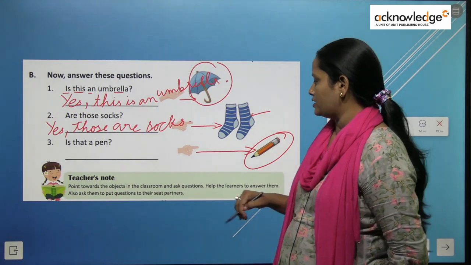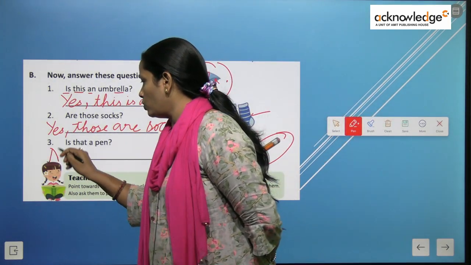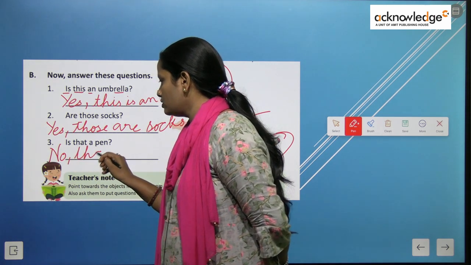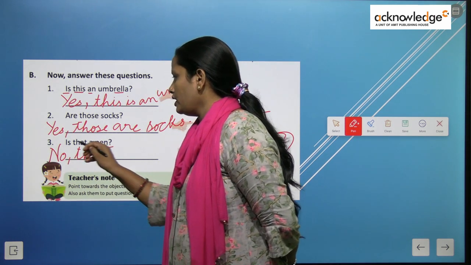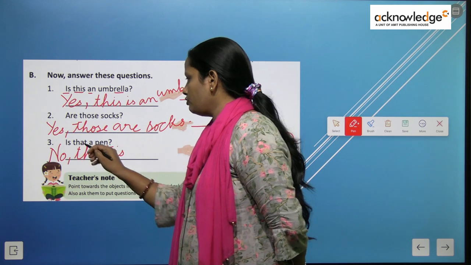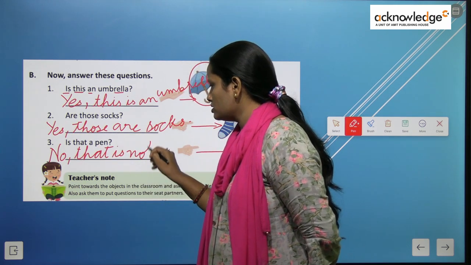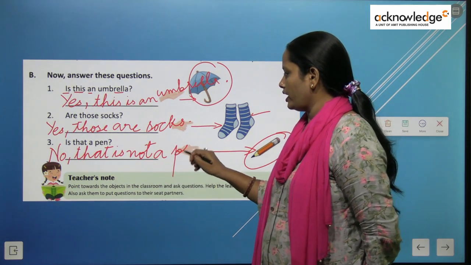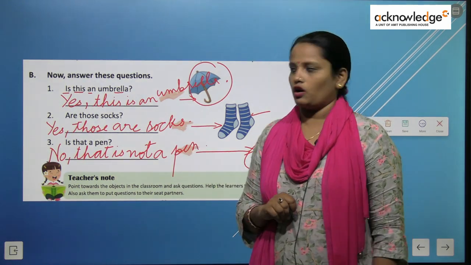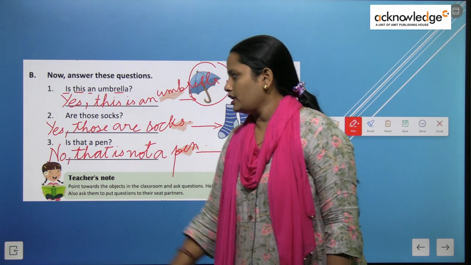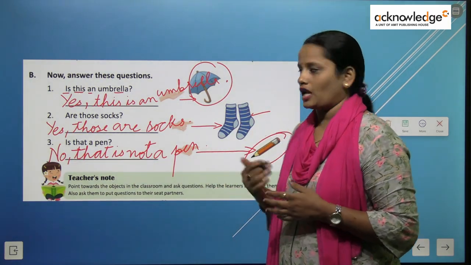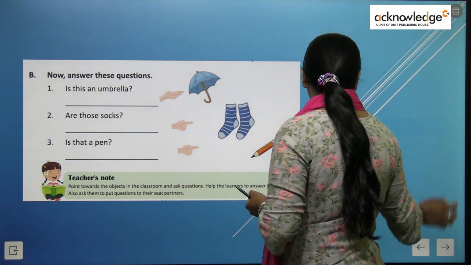So we have to write the answer no, comma, that is from the question itself, then we have to put not a pen. Okay, and full stop. So this is what we have learned, how to make questions and how to make answers.